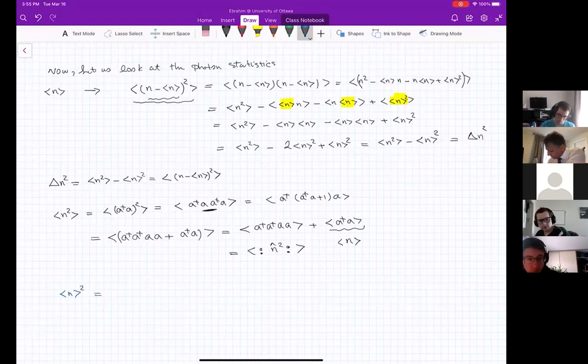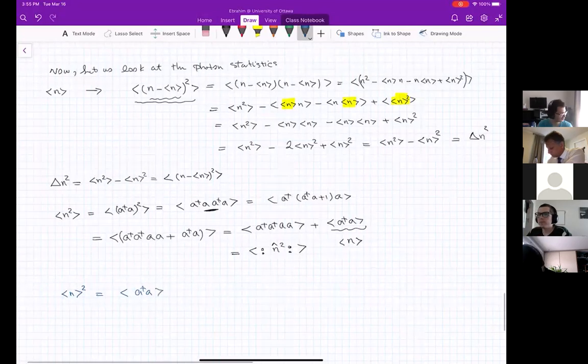That will be, of course, the average of a dagger a to the power of 2. And this is again the normal order of n to the power of 2.